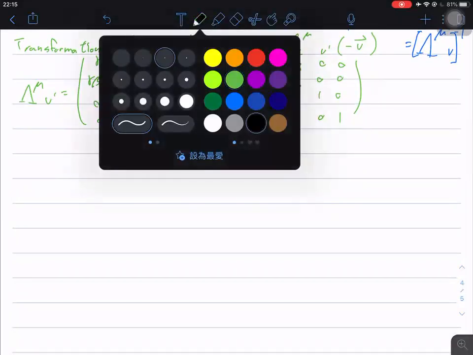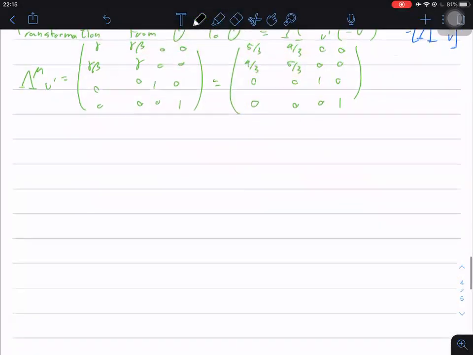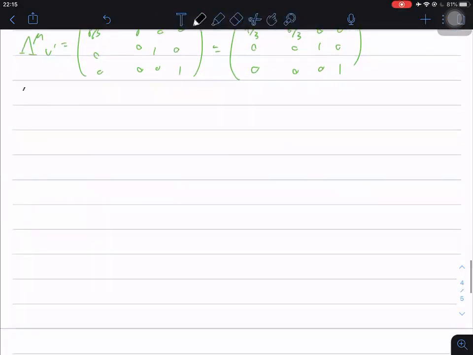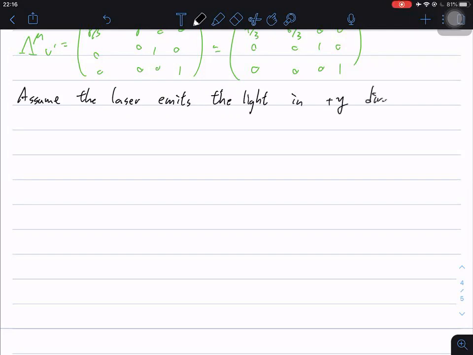So for the train, assume the laser emits the light flash in plus y direction, because in the question they said the passenger emits the light in the direction perpendicular to the direction of the train.